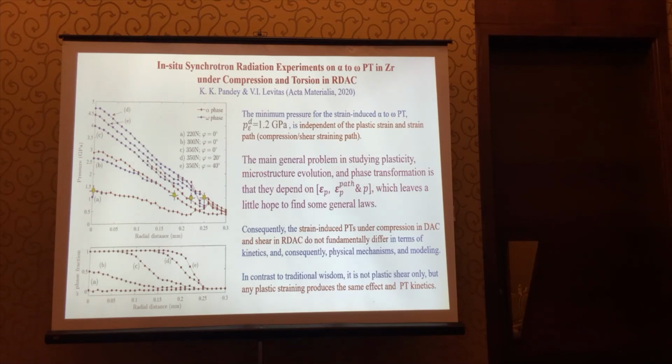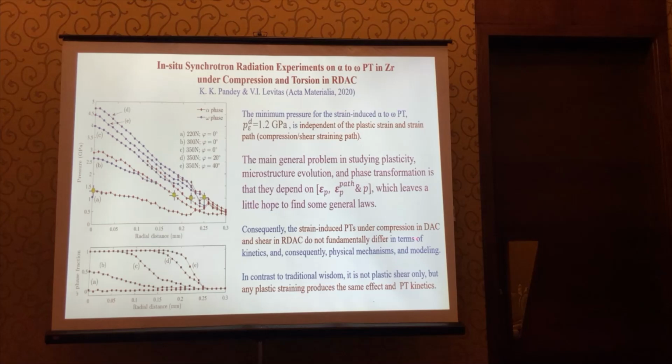And an immediate consequence is that strain-induced phase transition under compression in the traditional diamond anvil cell and in the shear and rotational diamond anvil cell don't differ fundamentally. And this was a very timely result during COVID, because we were not able to come to synchrotron radiation facilities with our device, but we were able to send a traditional diamond anvil cell with sample and control the process remotely.